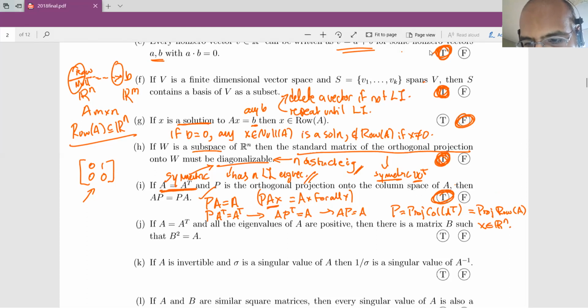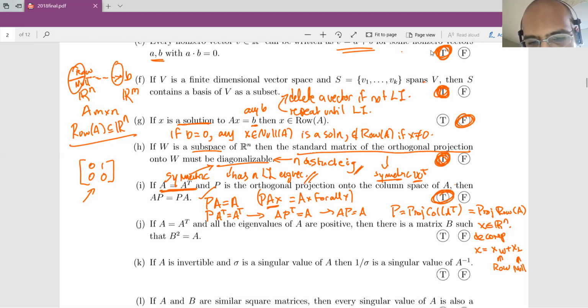Now you can decompose X as X_W plus X_perp, where X_W is in the row space, and X_perp is in which subspace? What's the orthogonal complement of the row space of A? Null space. Good.